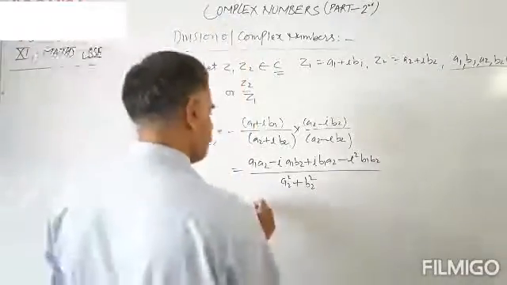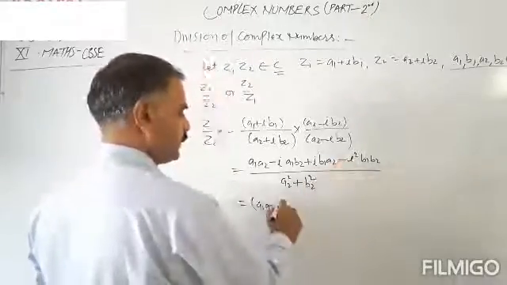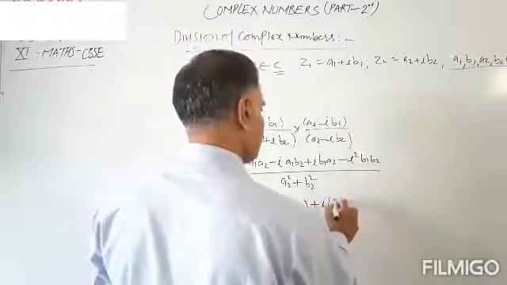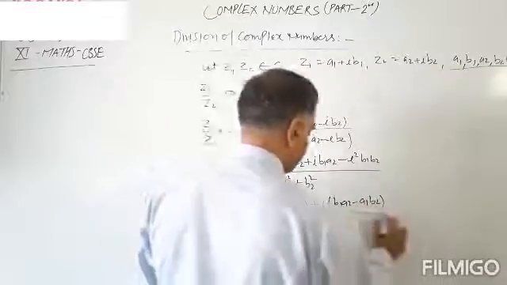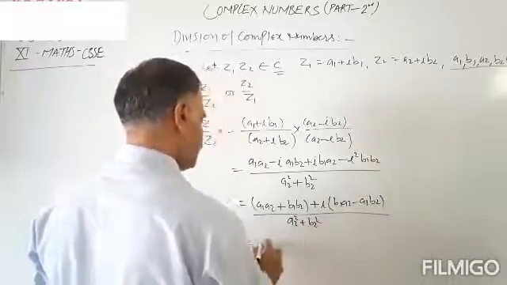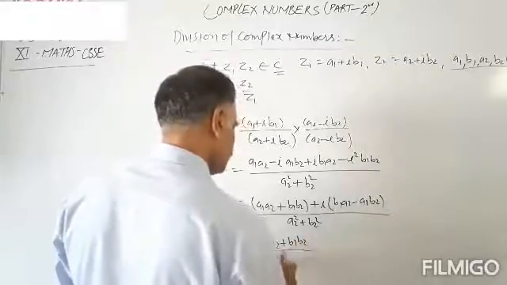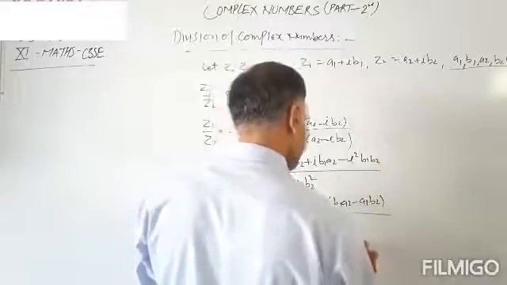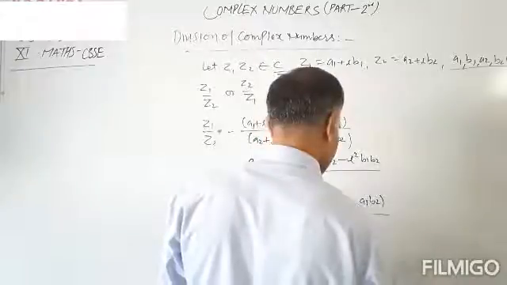So this is equal to a1 a2 minus iota square, which is minus 1, so plus b1 b2, plus, taking iota common, b1 a2 minus a1 b2, divided by a2 square plus b2 square. So this is equal to a1 a2 plus b1 b2 divided by a2 square plus b2 square plus iota into b1 a2 minus a1 b2 divided by a2 square plus b2 square.